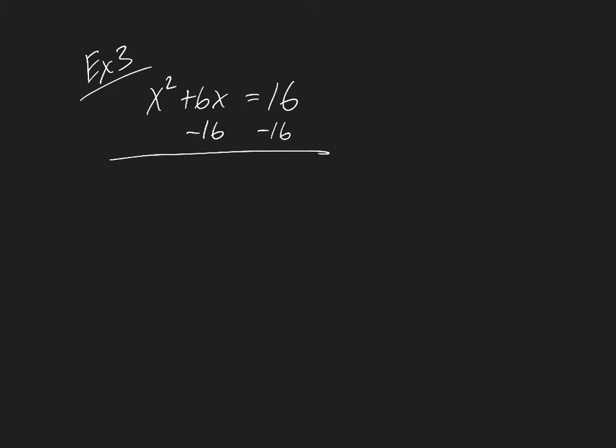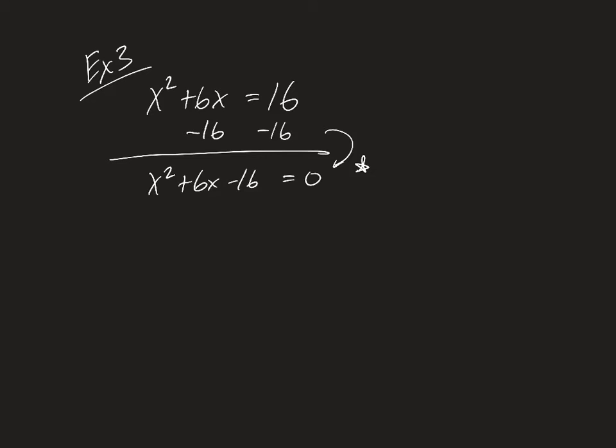We'll take a look at example 3 now. We've got a quadratic equation, but you notice now it's not set equal to 0. So what you need to do is subtract the 16 over, so x squared plus 6x minus 16 equals 0.